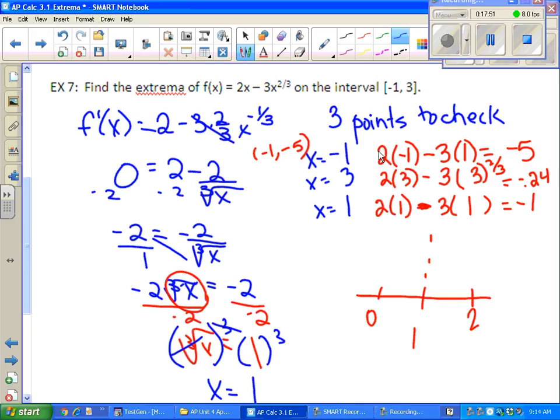Usually it falls in between. Yeah, it could be. So let's see. Have y'all graphed this? Grab your calculator and graph the original function.